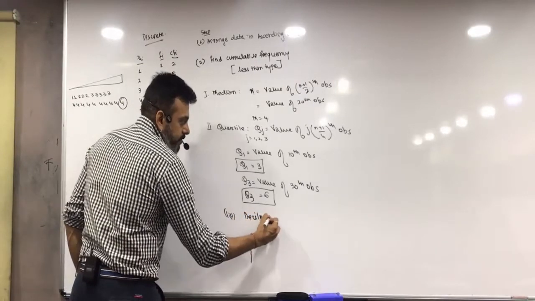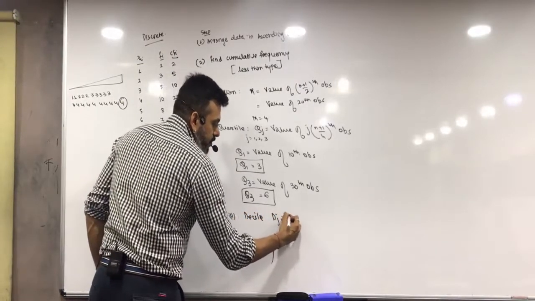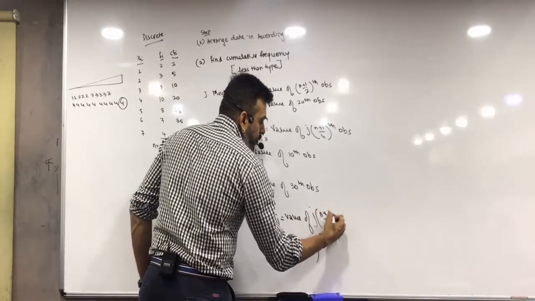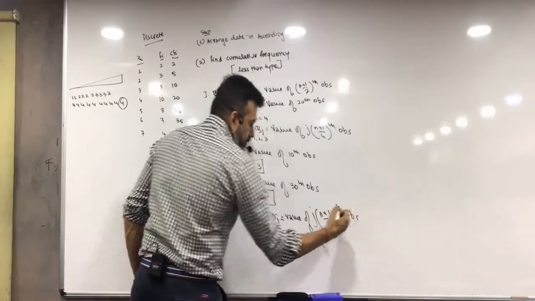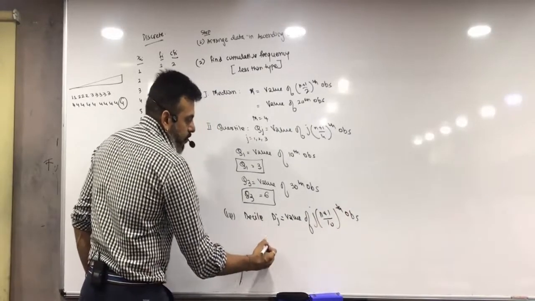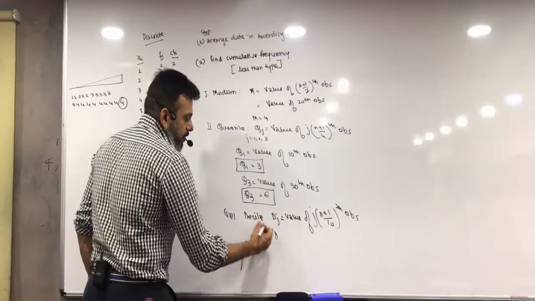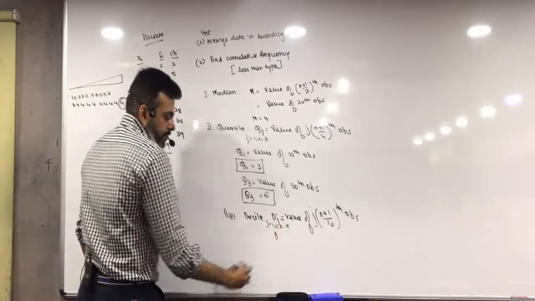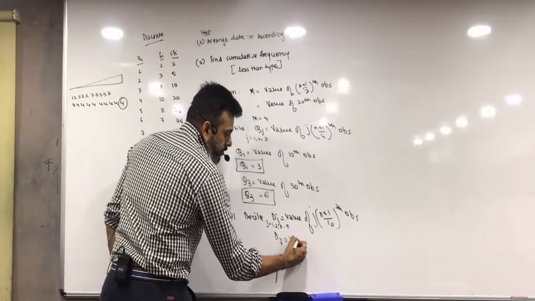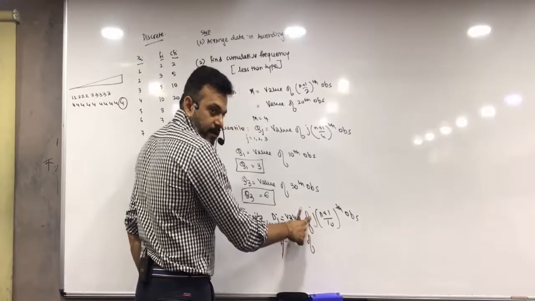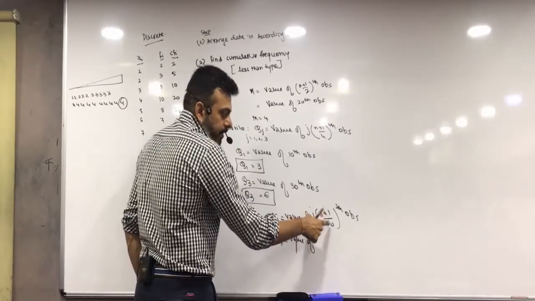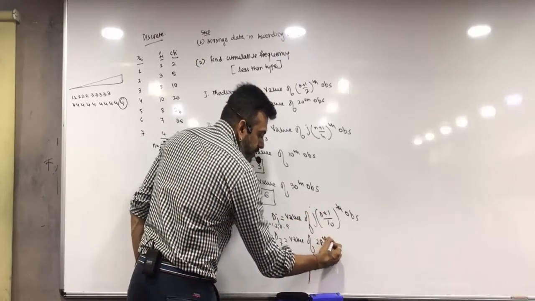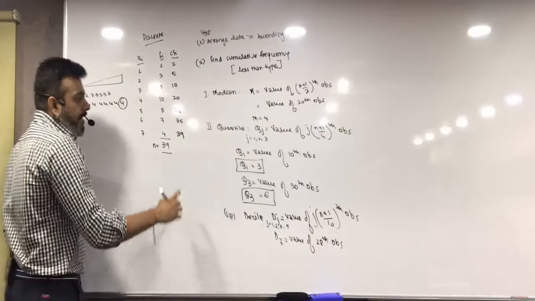Decile. Dj is equal to the value of j times (n plus 1) upon 10th observation. Pay attention please. Over here, let's say I want to find out, j is equal to 1, 2, 3 up to 9. D7 is equal to the value of 7 times 40 divided by 10, which is 4. 4 7s are 28, the 28th observation.